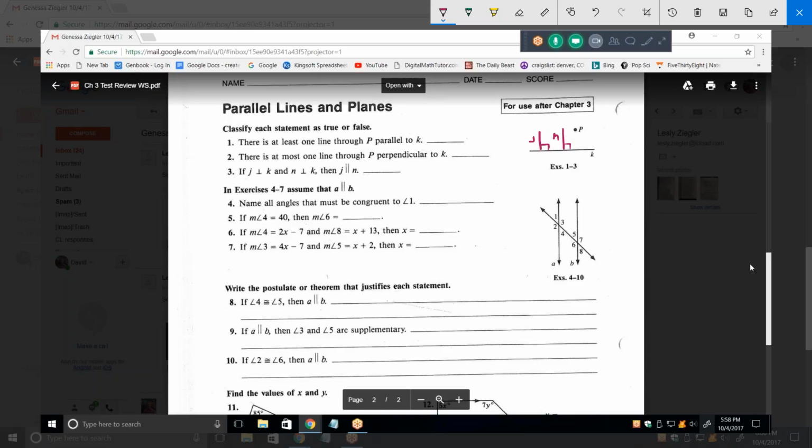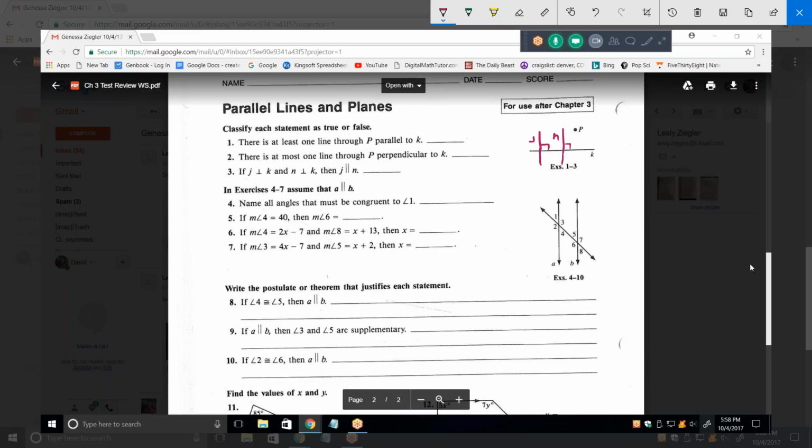We can treat line K as a transversal. In fact, if I extend J through there like that, then K is a transversal. And if a transversal makes two corresponding angles the same, then it means those lines are parallel. In other words, all of the theorems and postulates you had regarding parallel lines work in reverse also.